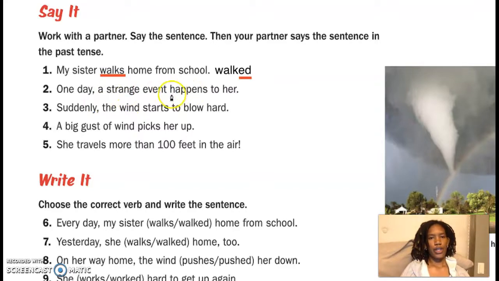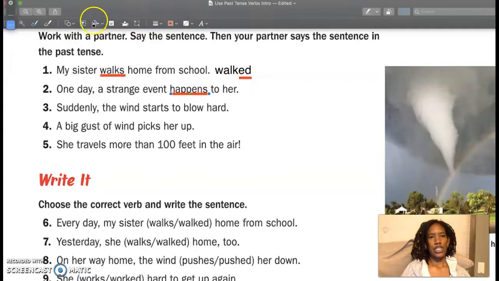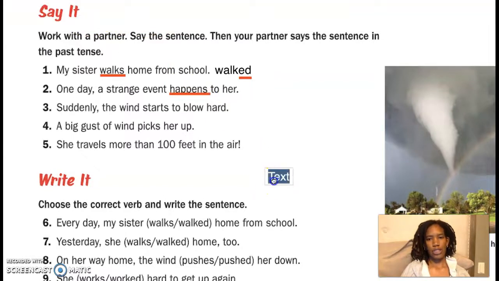Our verb here is happens, right? And we're going to change this to the past tense, which is going to make it happen plus ed, happened. And we have, highlight here. There we go.